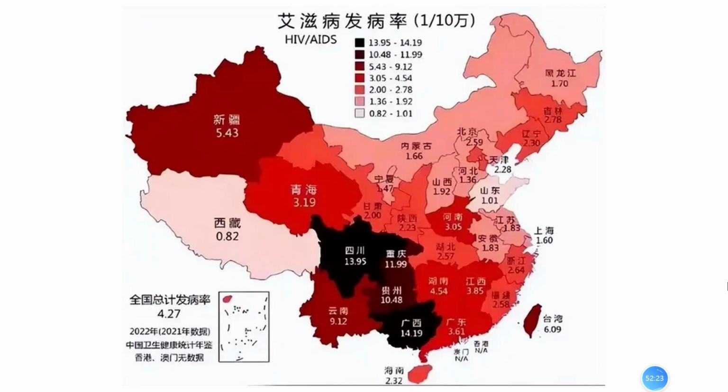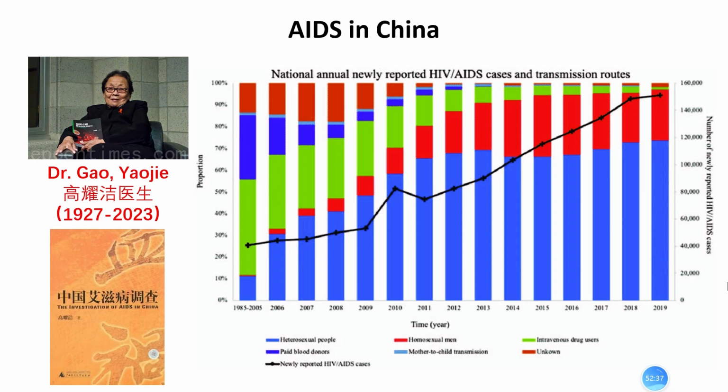So this is the distribution of AIDS in China. The data in this map is just for AIDS, but the number of HIV positive persons is maybe bigger than that.